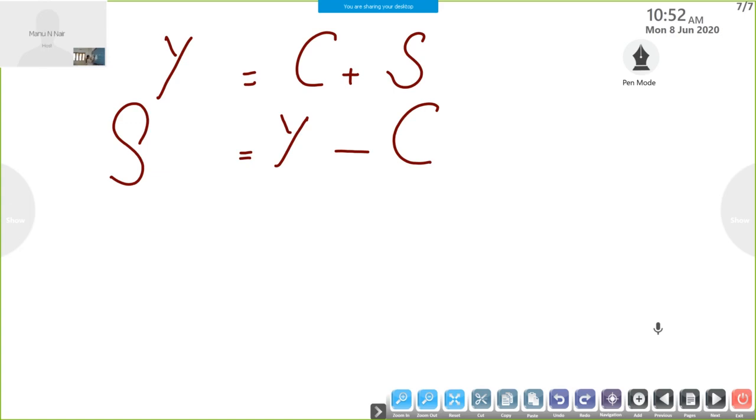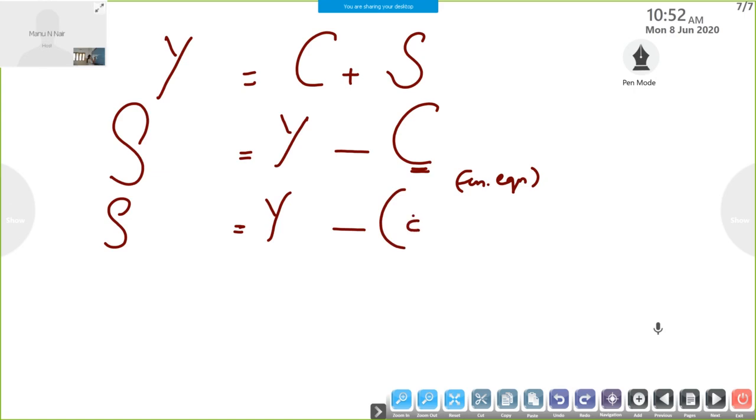Next, what we are going to do? We are substituting consumption function here, or consumption equation. Instead of C, we can substitute consumption equation. S is equal to Y, I am copying Y, then minus, instead of C, I am substituting consumption equation.